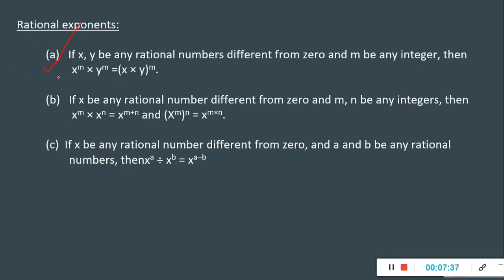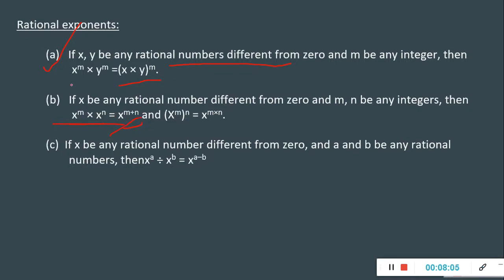Next, rational exponents. There are properties of rational exponents. Let's discuss them. If x and y are any rational numbers different from 0 and m is any integer, then x power m into y power m is equal to (x into y) power m. x power m into x power n is equal to x power m plus n. If the bases are the same and the powers are different, the powers get added.